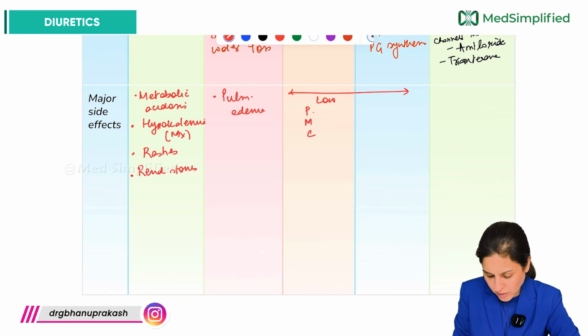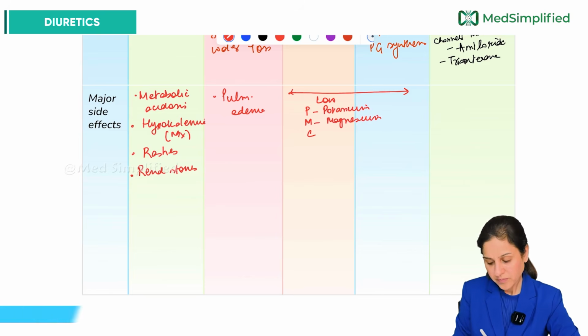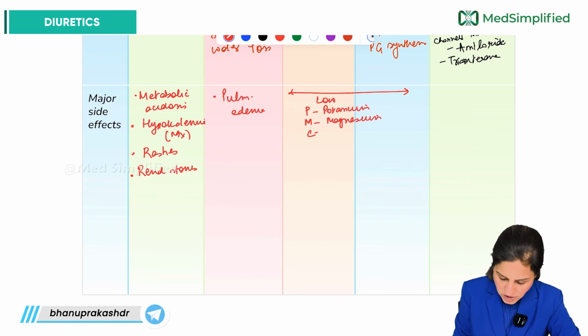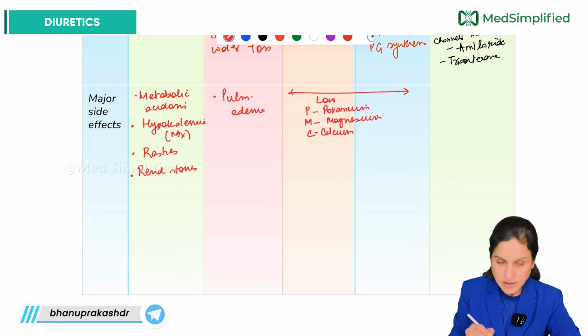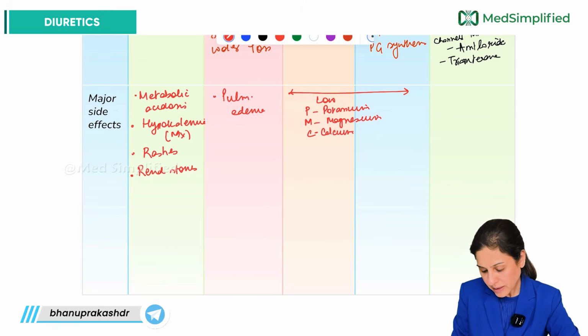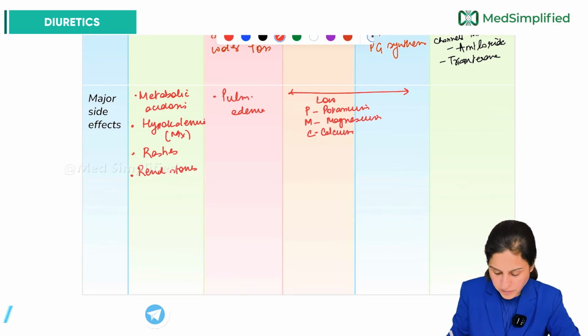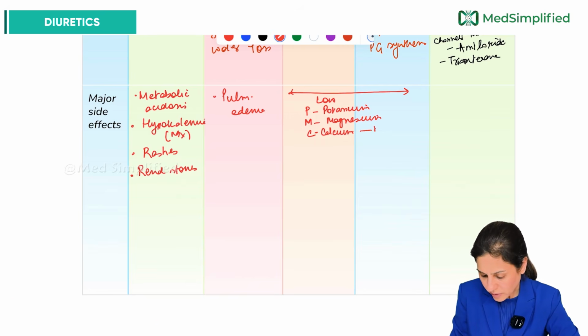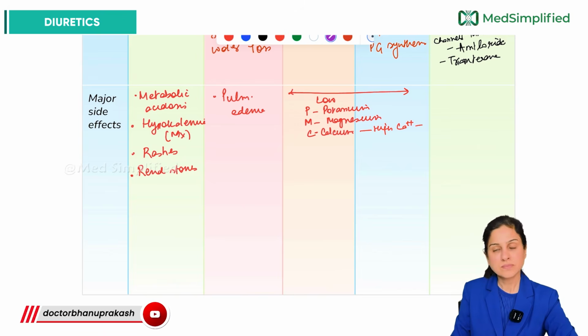The difference is low potassium, so they are going to cause hypokalemia. Low magnesium. But for the calcium, loop is going to cause low calcium, but in the case of thiazides, they are going to cause high calcium levels, right?